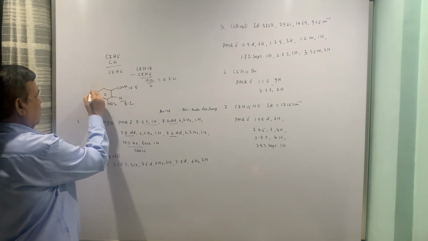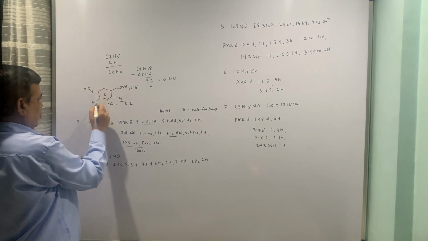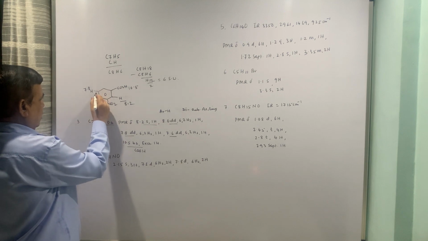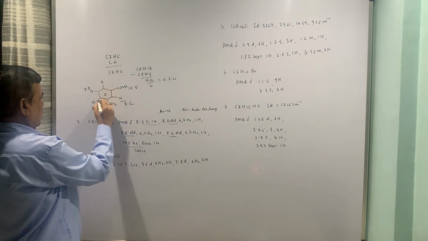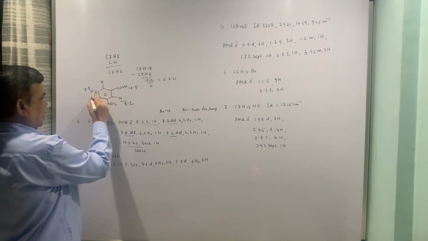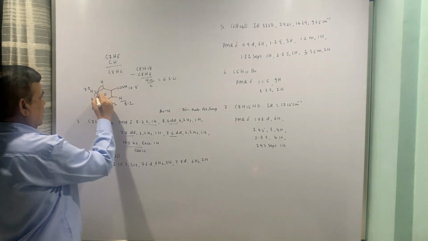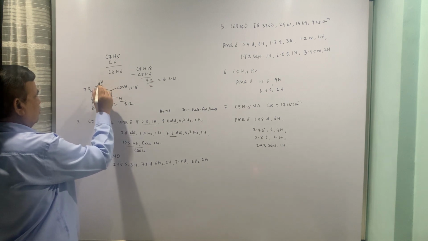7.8 is this one, which is meta to both, a doublet of a doublet, because one more coupling is there. So this doublet is 6, this doublet is 2.